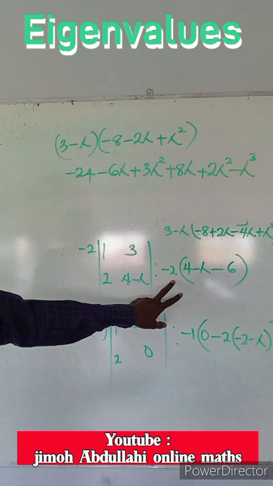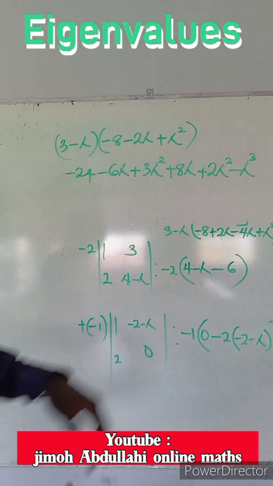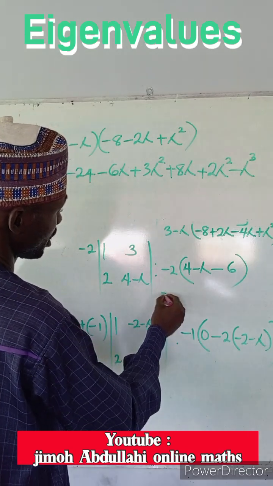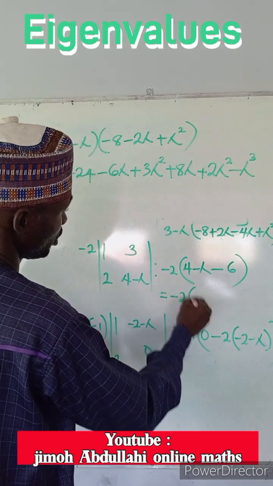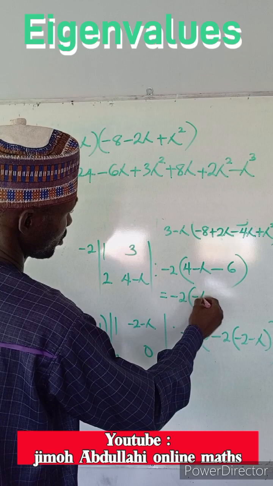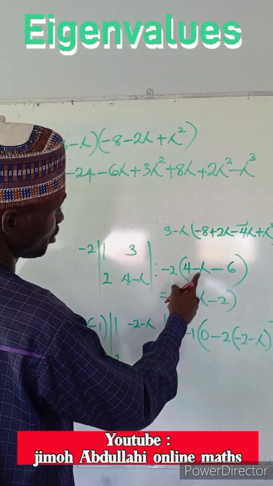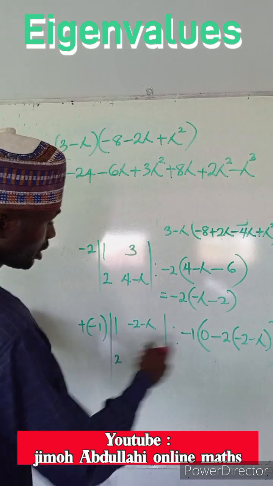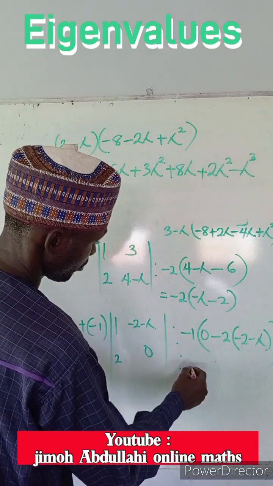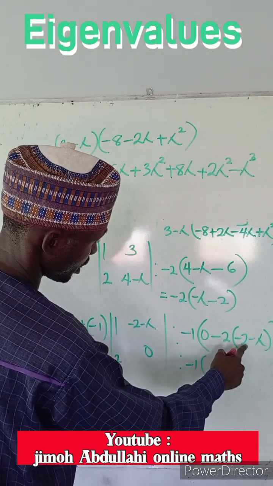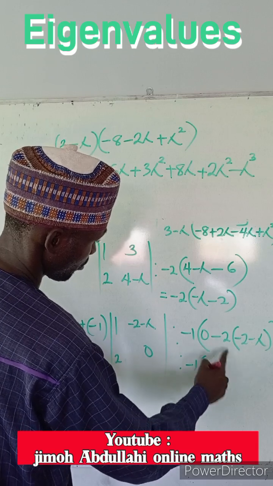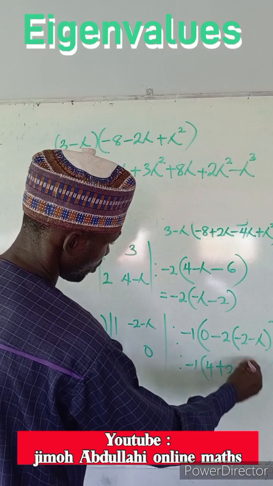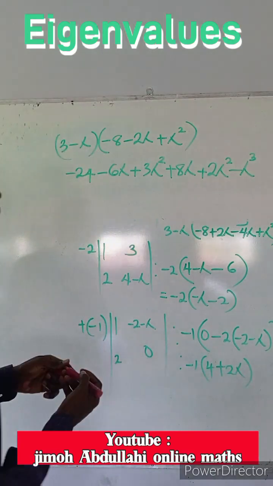What would this one give us? This one give us minus 2. This one is the same thing as minus 2 into minus lambda minus 2, isn't it? Or what we say, 4 minus 6 will give us minus 2, then this minus lambda. Then this one will give us what? Minus 1 into minus 2 times minus 2 will give us 4. Minus 2 times minus lambda will give us plus 2 lambda. So let's put everything together.